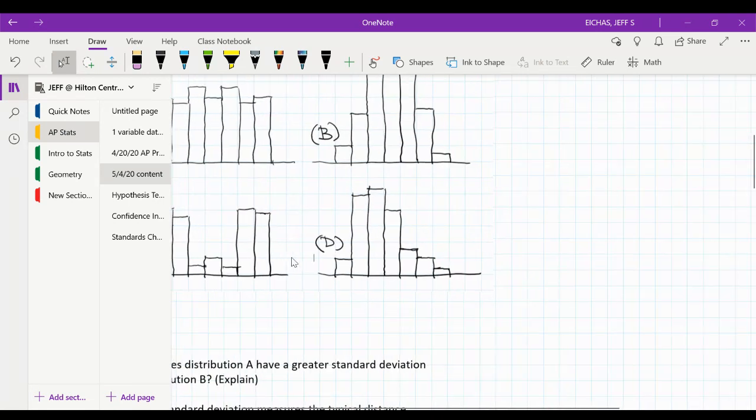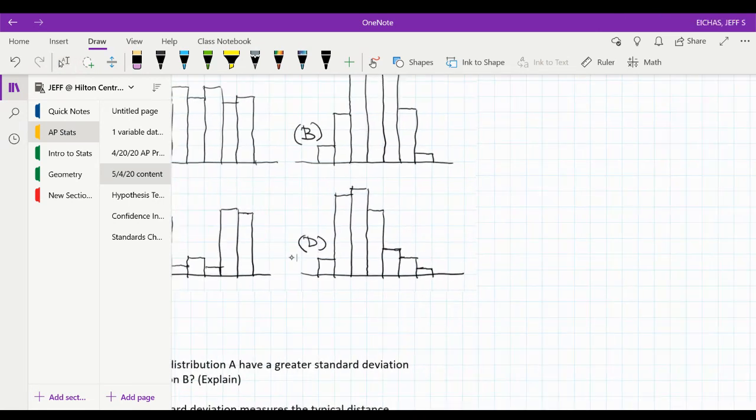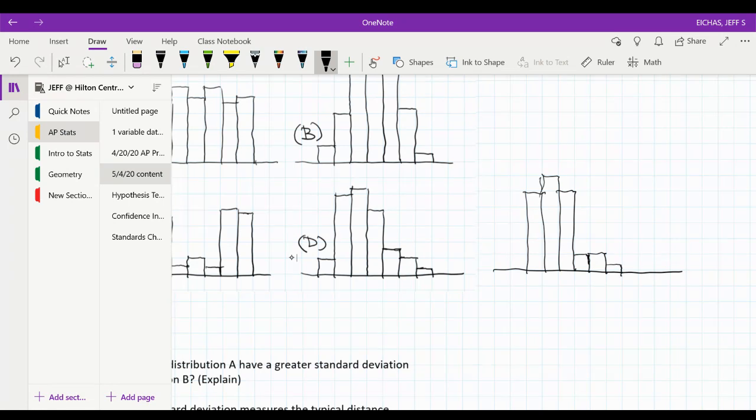Off to the side here, we'll take a look at something that might be bimodal asymmetric. Okay, so here we go. So we have kind of a peak right here, maybe a few in the middle, and then maybe another peak over here, but it's not quite as high.